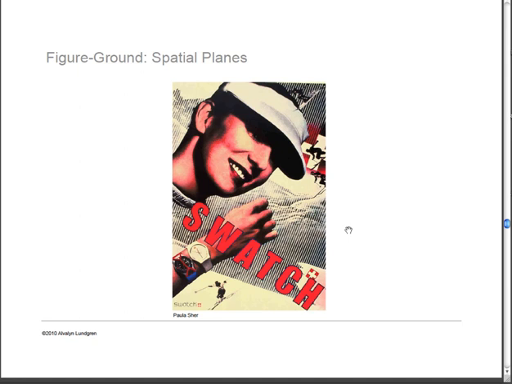We're still dealing with a strong figure ground recognition, but if we're looking at Swatch, we're not looking at the woman. If we're looking at any of the skiers, we're not looking at the watch or the woman or the word Swatch. So figure ground gives us spatial understanding. It gives us the ability to look at something, recognize it, and give it meaning, and so forth.